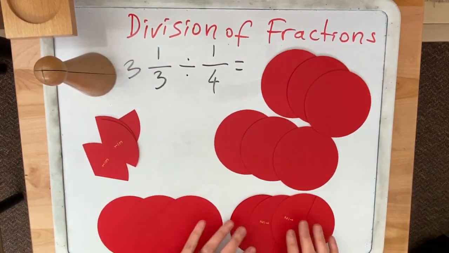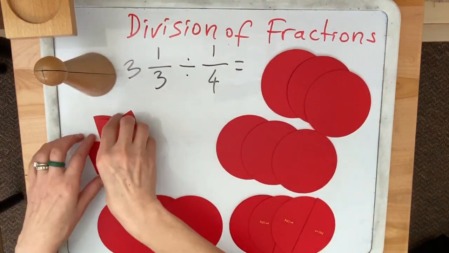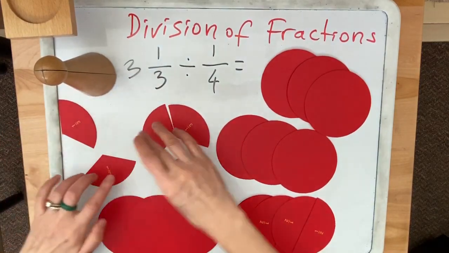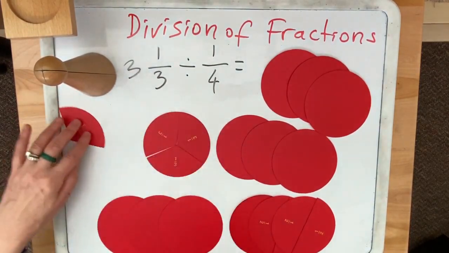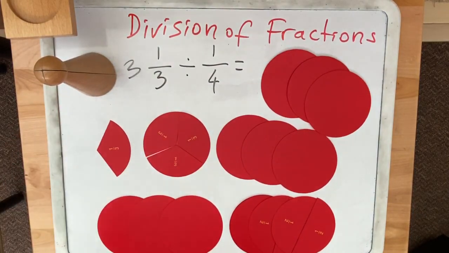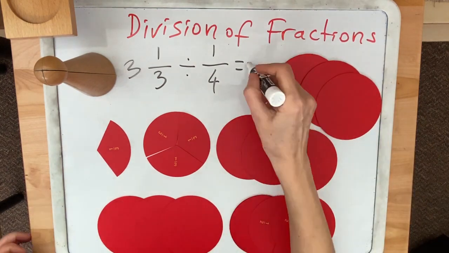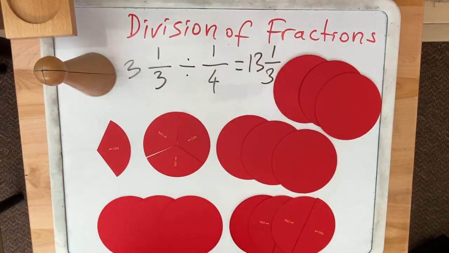Okay, so here I have 3, 6, 9, 12, and 13 wholes, and 1/3. That's my answer. 13 and 1/3.